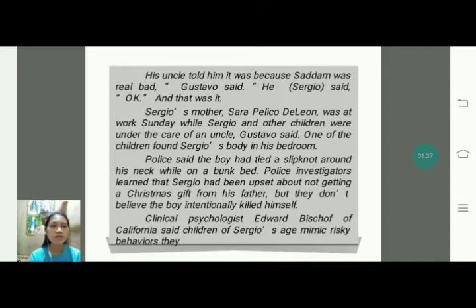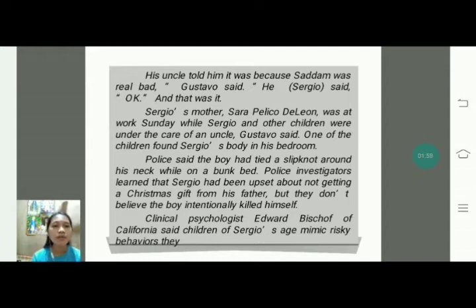He, referring to Sergio, said, okay, and that was it. Sergio's mother, Sara Pilico de Leon, was at work Sunday while Sergio and other children were under the care of an uncle, Gustavo said. One of the children found Sergio's body in his bedroom.